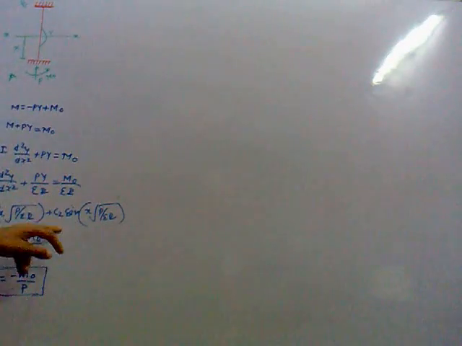Now I put my first boundary condition, x equals 0 and y equals 0. I get the value c1 equals minus M0 upon P. Here c2 is not equal to 0, I only consider c1. Now here I put the value of c1, so I get the value of c2. Whenever I put c1 equals minus M0 upon P, the value of x is 0, so all these values are getting 0.